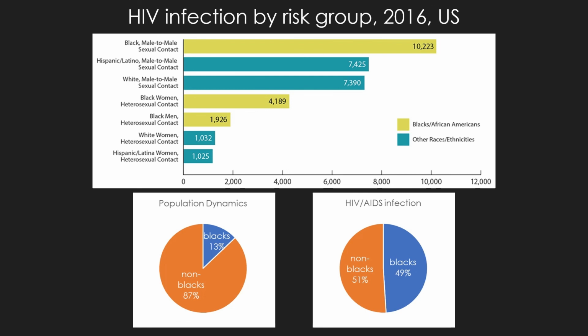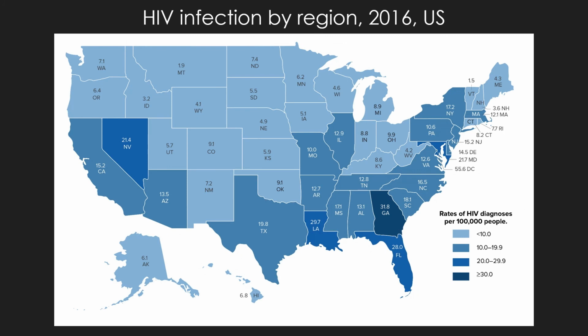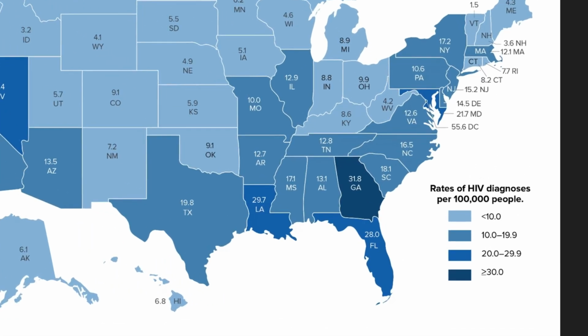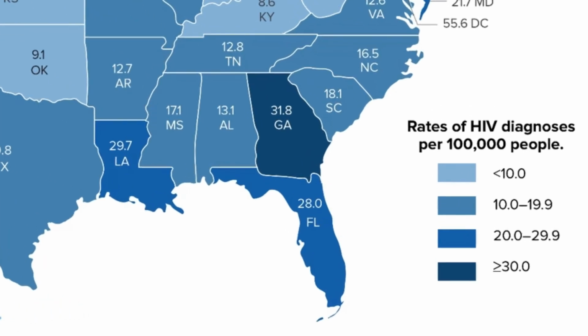The statistic simply says that Blacks are disproportionately infected by HIV, and that probably has a lot to do with this next statistic, and that is that HIV infection in the Southeast is much higher than other areas of the country. And I said that that probably is connected to this because if you look at population demographics, the population in the Southeast has a much higher percentage of Black Americans than other areas of the country.